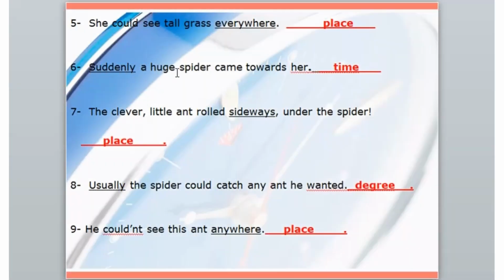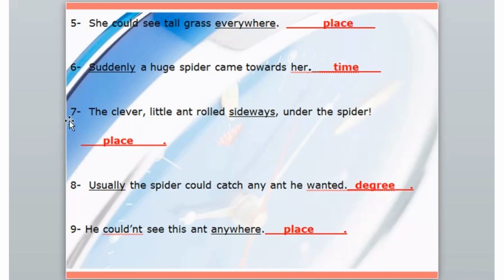Suddenly, a huge spider came towards her. So students, what is the adverb used here that gives you information? Suddenly. Suddenly means quickly, in a moment. So students, I want you all to underline suddenly, and in the blank you will write time.